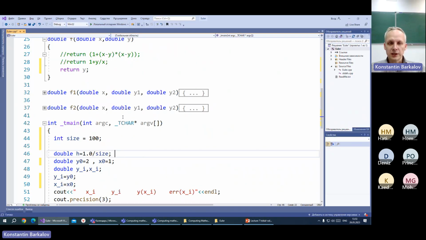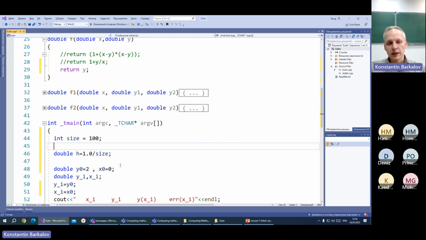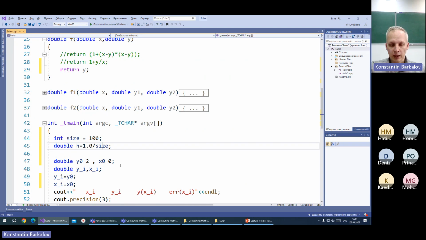Since we consider the interval from 0 to 1, the length of the interval is 1, and the size is 100. So the distance between two neighbor points is 1 over size.